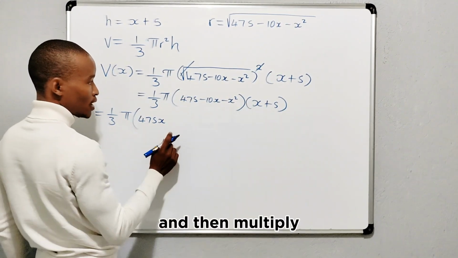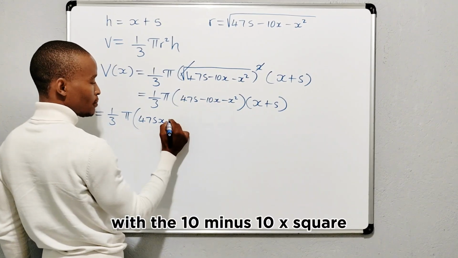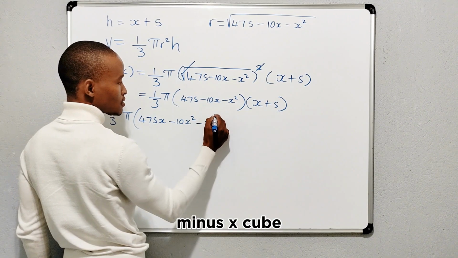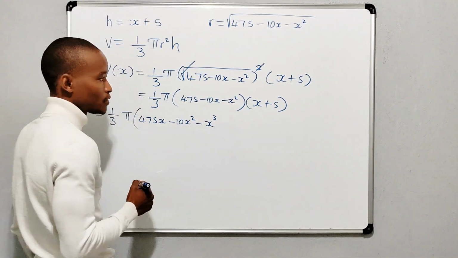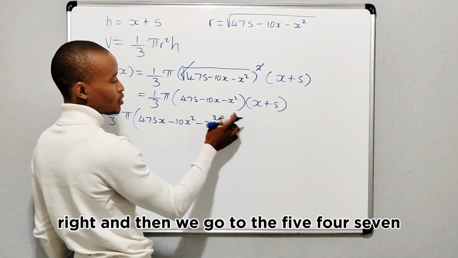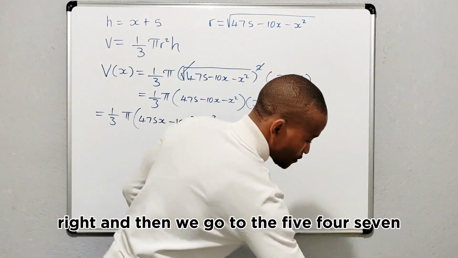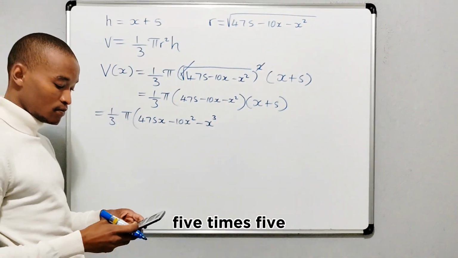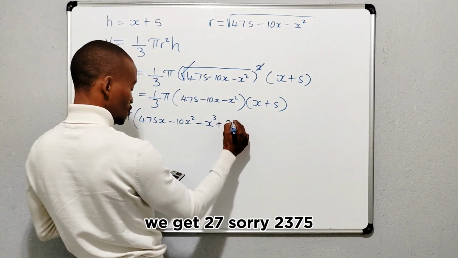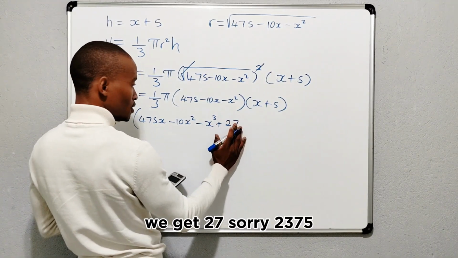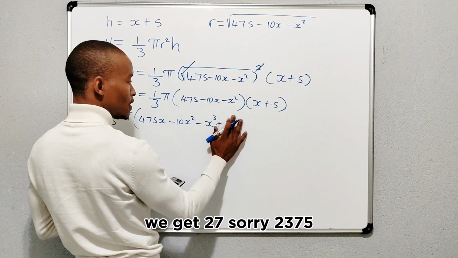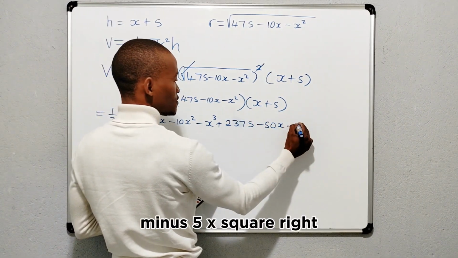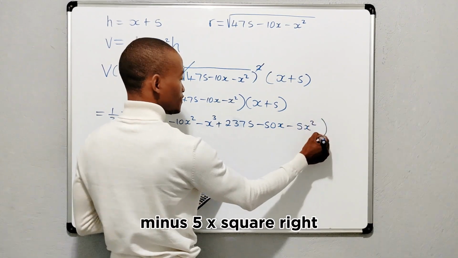And then we multiply with the 10, minus 10x squared, minus x cubed, right? And then we go to the 5. 475 times 5, we get 2375, and then minus 50x minus 5x squared.